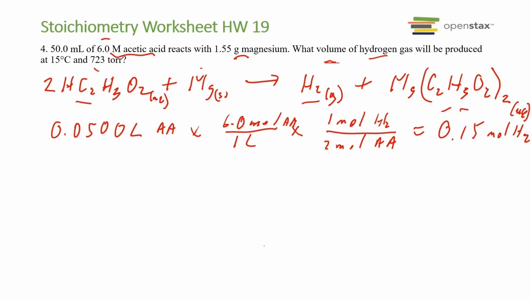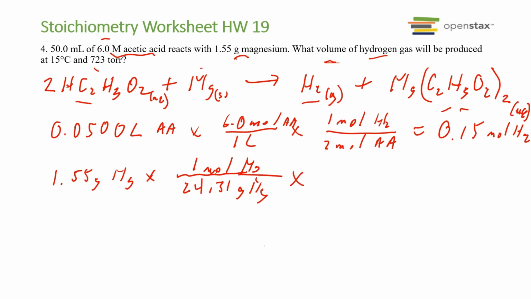So that's how much we could make if we used up all our acetic acid, but now we've got to see if we have enough magnesium to use it up. And so we have to start with our 1.55 grams of magnesium, and we have to multiply that times the molecular mass, which we just get off the periodic table as 24.31 grams of magnesium per 1 mole of magnesium.